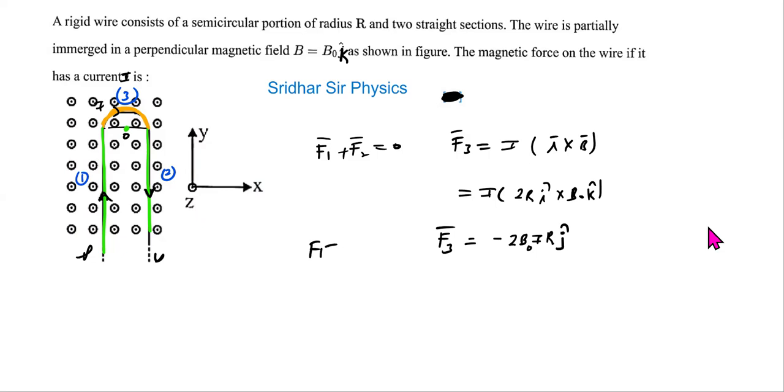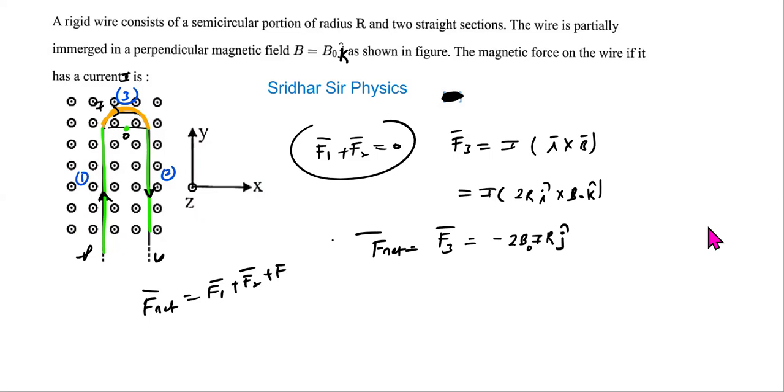And F1, F2 will be 0. So therefore what is the net force? Actually the net force will be F1 bar plus F2 bar plus F3 bar. F1 and F2 are 0, so minus 2 B naught I R J cap.